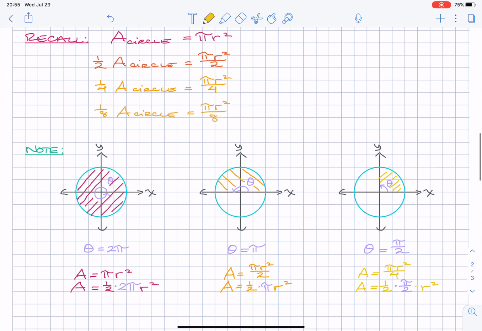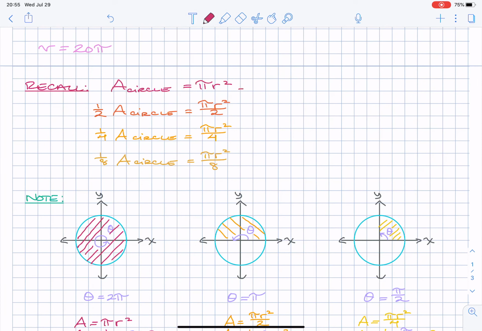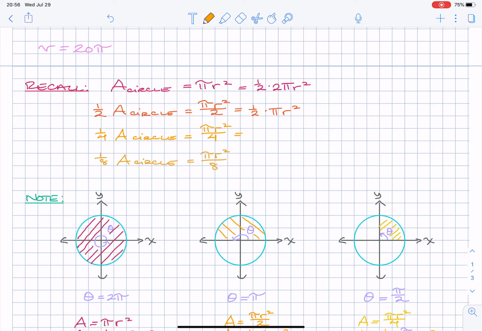Okay, so basically what's happening here is if we factor out a 1/2 for each of these, so 1/2 times 2 pi r squared, and in the next one, let's factor out a 1/2. It's 1/2 times pi r squared. In the next one, if we factor out a 1/2, it's 1/2 times pi over 2 r squared.